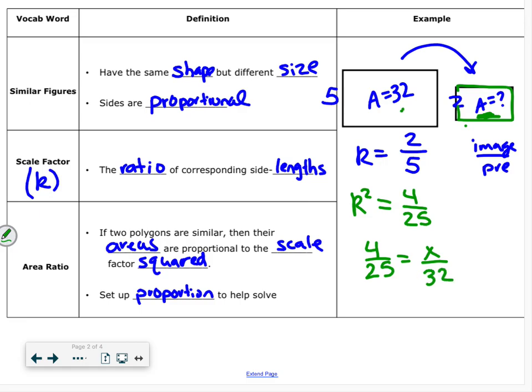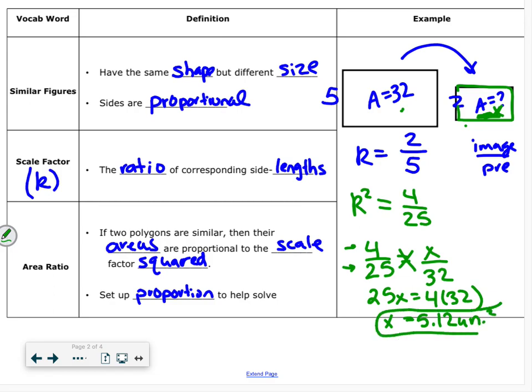We have to be consistent. So we have the smaller rectangle on the top, the larger rectangle on the bottom. X is representing the area of this green one right here. So let's go ahead and cross multiply. So 25x equals 4 times 32. Divide each side by 25, and you should get x to be about 5.12 units squared. So the area of that second rectangle, this one right here, is 5.12 units squared.